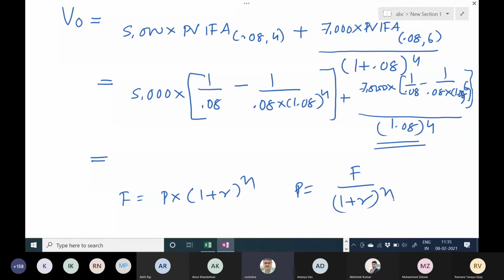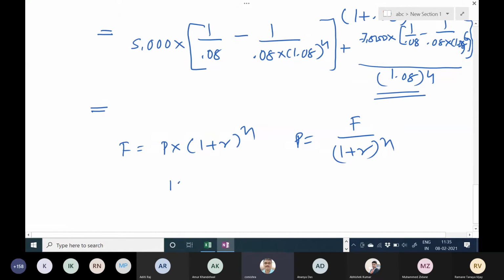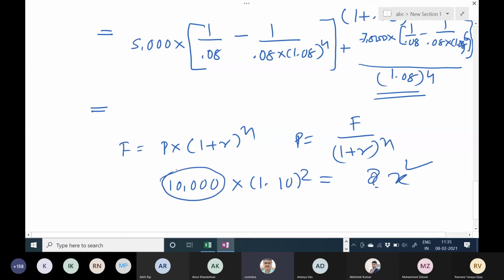Tell me. 10,000 into 1.10 to the power 2, whatever value comes, so let's say x. But suppose I have this x, I want to know this value. If this is y, what will be the x then? What will be y? X by 1.10 to the power 2. So that's what you are doing, 1 plus r, all those things, correct?